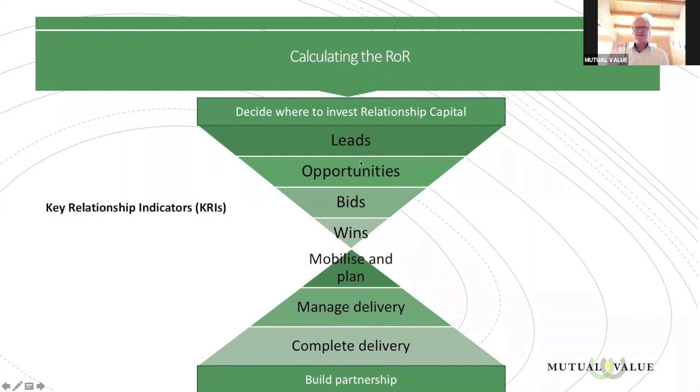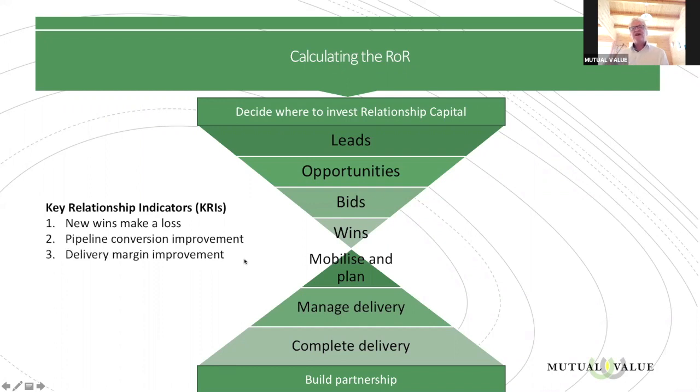The first one is, I'm going to suggest to you, if you analyze your new wins, you're almost certainly making a loss if you're just chasing new win business without relationships. Secondly, if you have stronger relationships, your pipeline conversion rate will improve through each level. Thirdly, once you've won it, how does improved relationship translate into improving your margin in delivery?